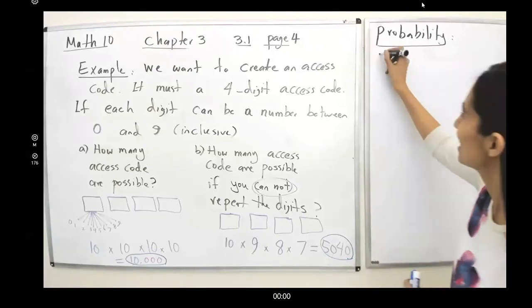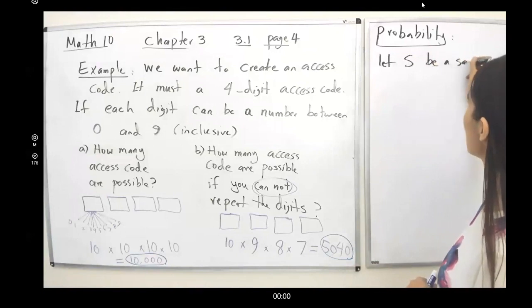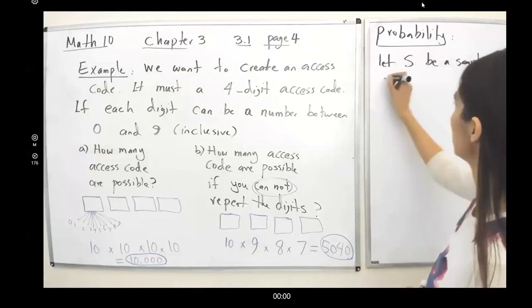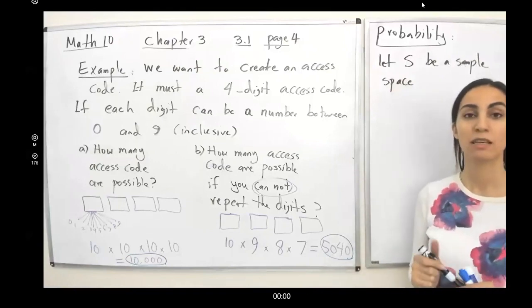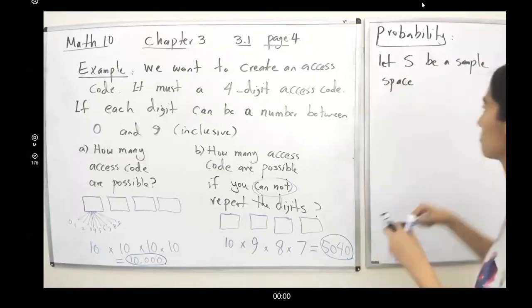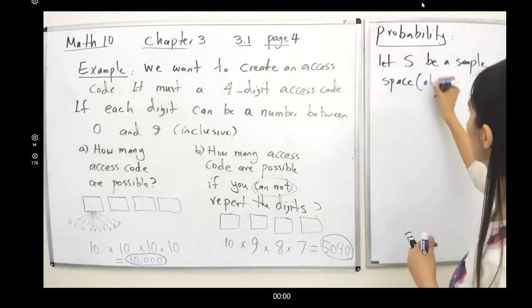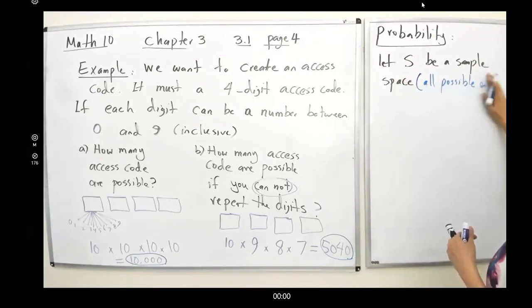Well, let S be a sample space. Remember, a sample space is a collection of all possible results or outcomes.